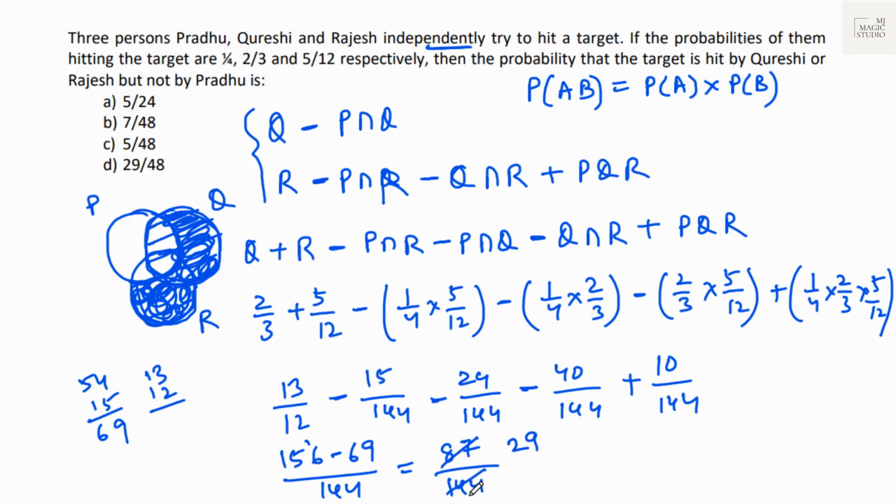Dividing by 3, we get 29 by 48. So finally we are getting 29 by 48. Option D is the answer.